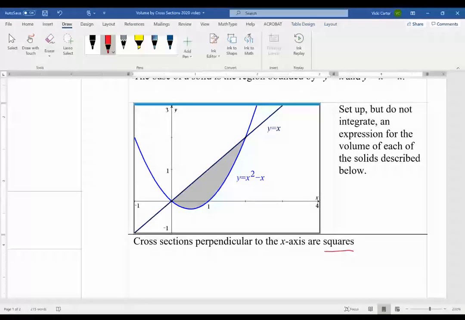So the basis of writing our formula using a definite integral is going to be the area of a square. So first of all, we need to know our points of intersection for this shaded region. This one is very obvious. It's 0, 0. This one's not quite as obvious, so maybe we need to do a little bit of algebra.